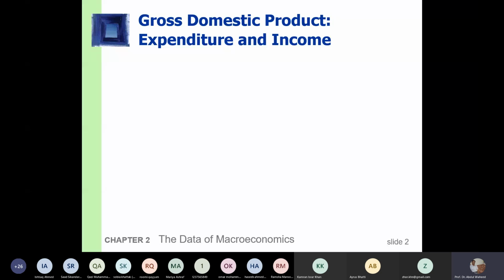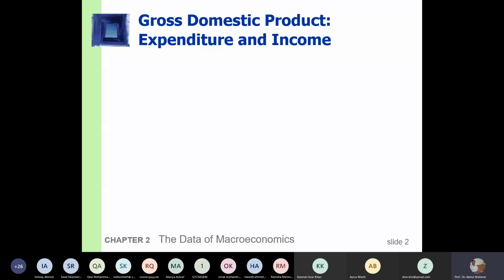Okay, so gross domestic product is basically the total market value of all final goods and services produced in the economy in a given time period. This is the main indicator of the economy.